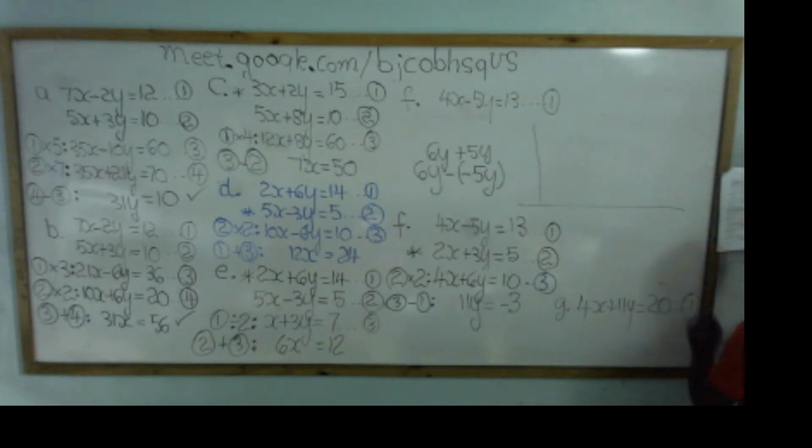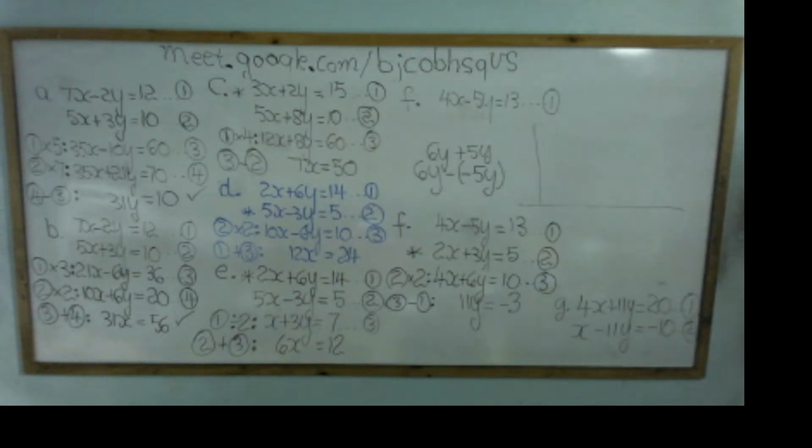So 4x plus 11y is equal to 20. The next one is x minus 11y is equal to negative 10. Tell me what to do with that one.